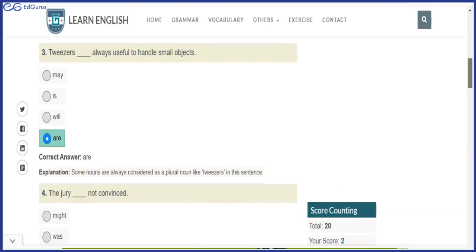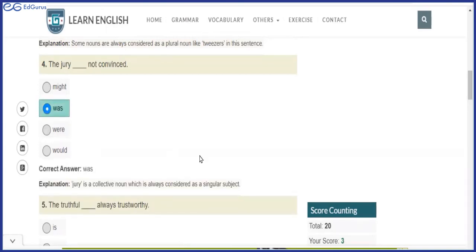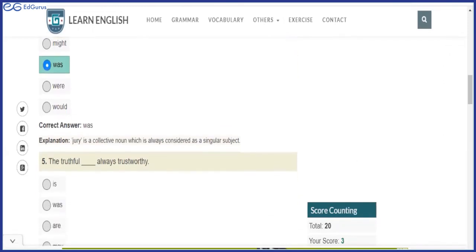Now the next, the jury dash not convinced. The jury was not convinced. Jury is a collective noun, very good. Jury meaning a bench of judges, a group of judges, right?